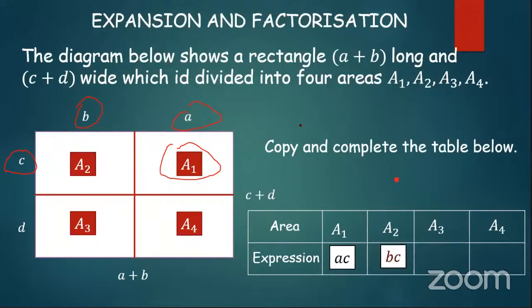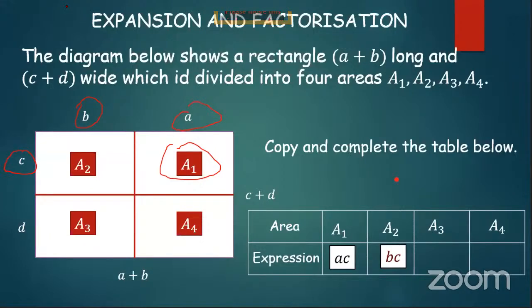Then area 3. Angumia? Yes, the area of A3 is BD. It is BD. Yes. Hope? It's BD.